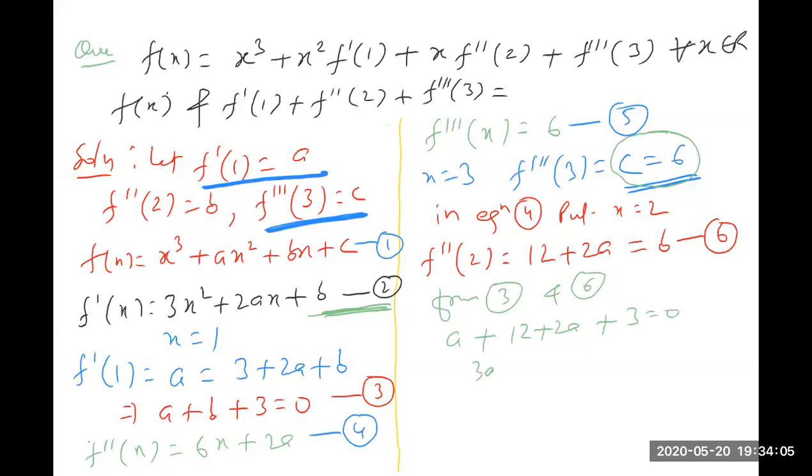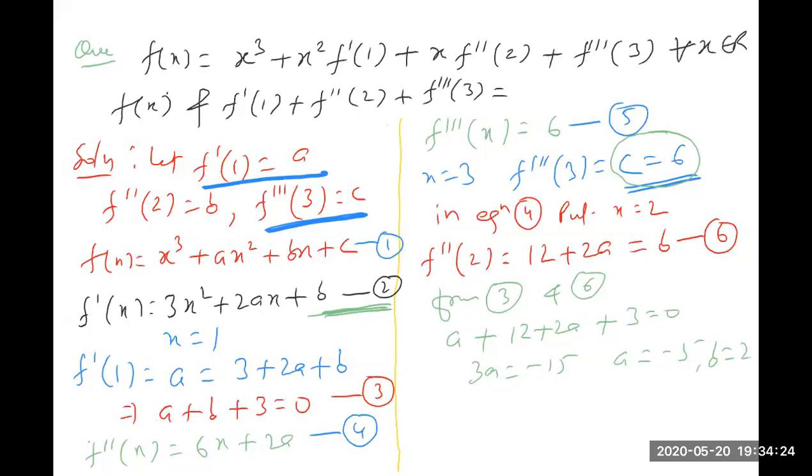So 3a is equal to minus 15. So a is equal to minus 5. If everything is right, this must be the correct answer. Put this a is equal to minus 5, b is equal to 2. So b is equal to 2.